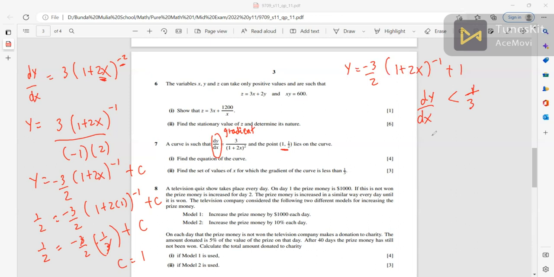So we have 3 over 1 plus 2x squared smaller than 1 over 3. So we cross multiply, so it's 9 smaller than 1 plus 2x squared.